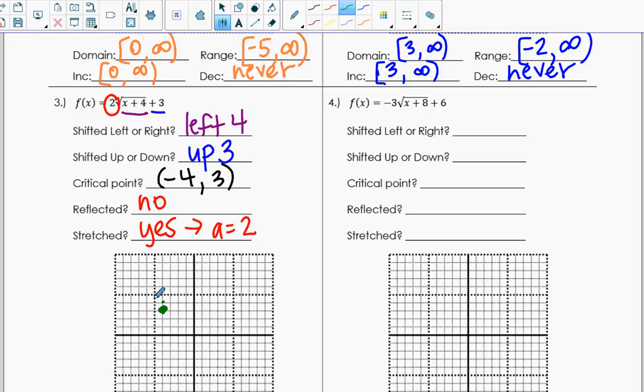Okay. Now, we need to think about this a value. Normally, the square root of 1 is 1, but I need to double my output, so it's going to go up 2. Normally, I would say, okay, the square root of 4 is my next pretty number that doesn't give me a decimal output. So my square root of 4 is normally 2, but I need to double that and go up 4.